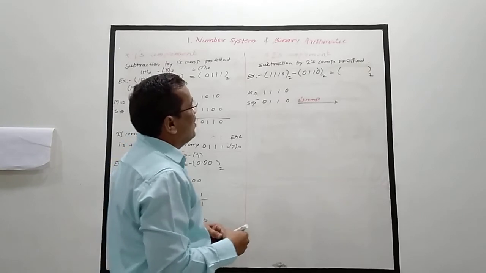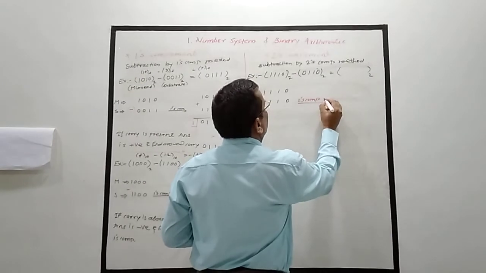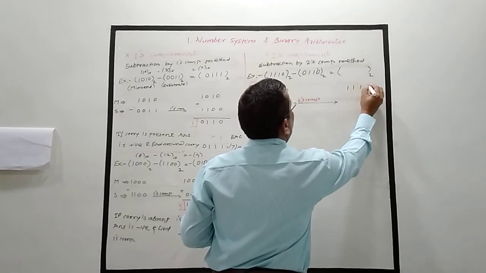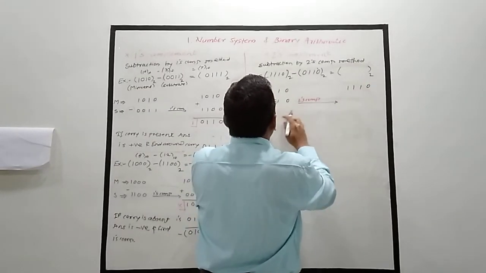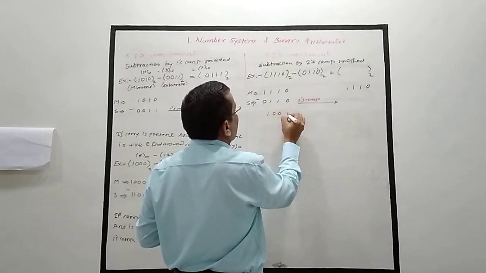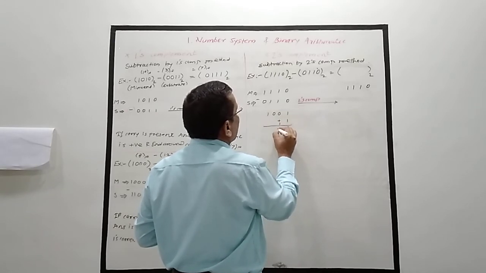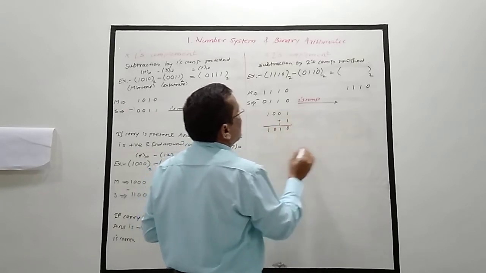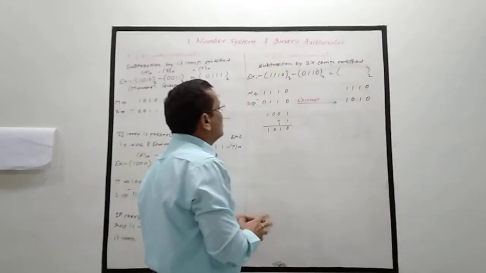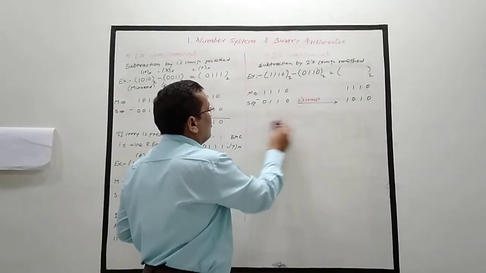So what is the twos complement of this number? Minus as it is 1110 and twos complement. Here 1001 with 1 is to be added. 0 with carry 1, 1, 0, 1. 1010 is the twos complement of 0110.